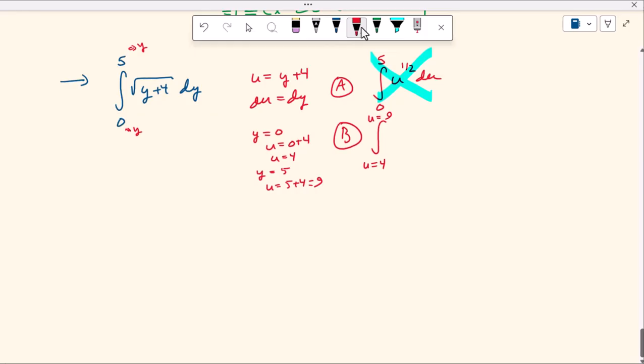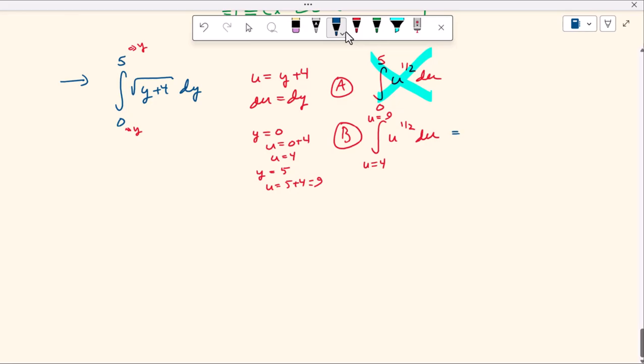So I could change my limits of integration as well. Now, whenever you do that, it's a good idea to show what your new variable is. Like I said, this is incorrect up here, just to stick in the 0 and the 5, because I would assume that the 0 and 5 were used now, and they're not.